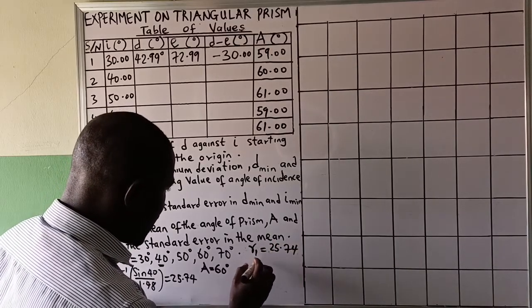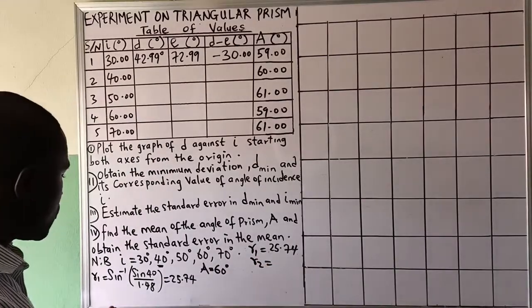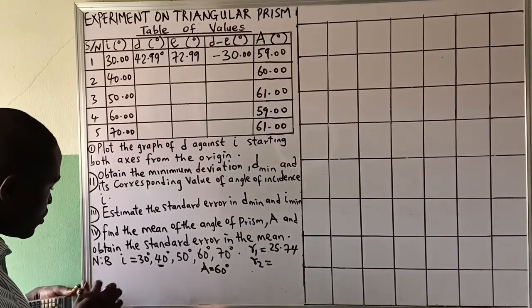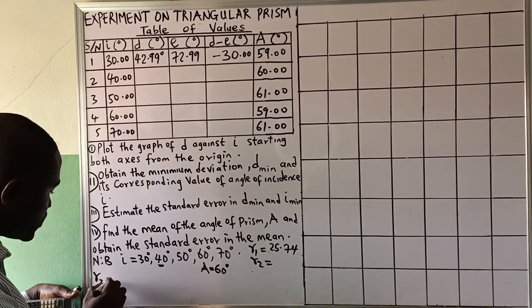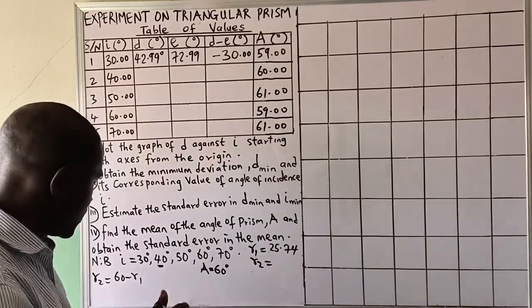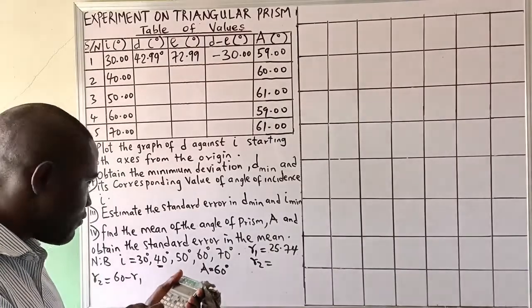25.74. Then our R2 will be equal to, we say from our formula also that R2 is equal to 60 minus R1. Then 60 minus what is our R1? 25.74.